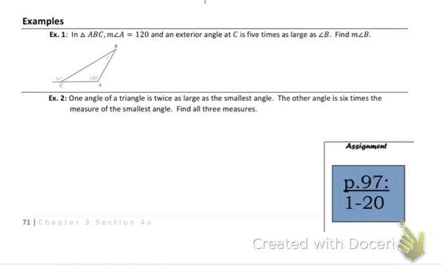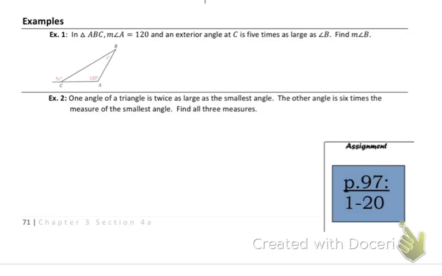In triangle ABC, the measure of angle A equals 120, and exterior angle C is 5 times as large as angle B. So angle B is x. That makes my exterior angle 5 times x, because it is 5 times as large.